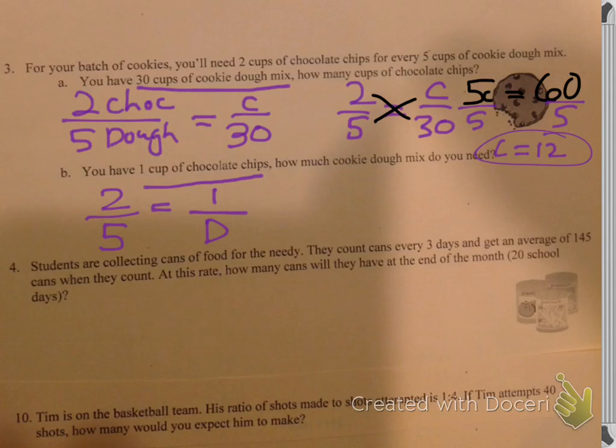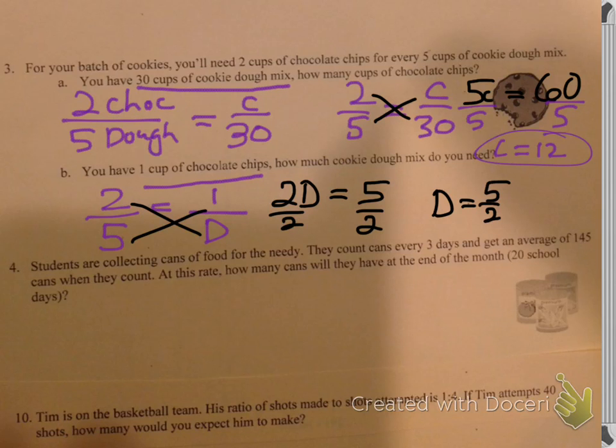D for dough. Okay, multiply here, multiply there. 2D equals 5. Divide by 2. The dough is going to be 5 halves, or 2.5.